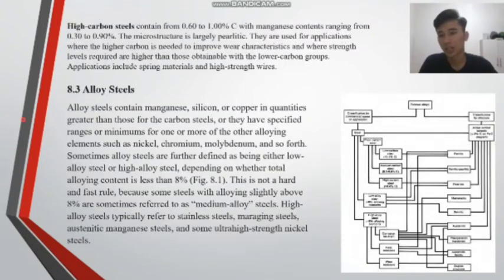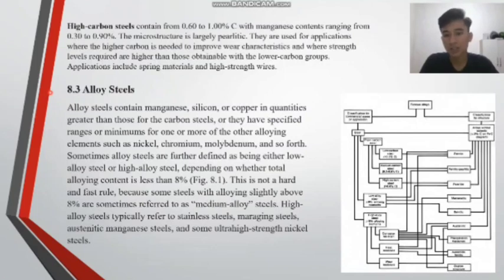8.3 Alloy steels. Alloy steels contain manganese, silicon, or copper in quantities greater than those for the carbon steels, or they have specific ranges or minimums for one or more of the other alloying elements such as nickel, chromium, molybdenum, and so forth.